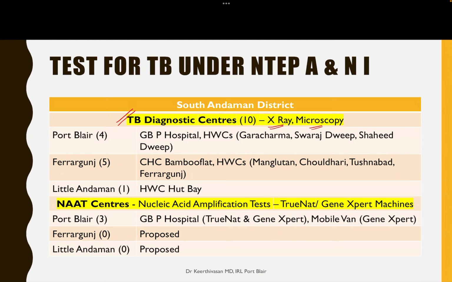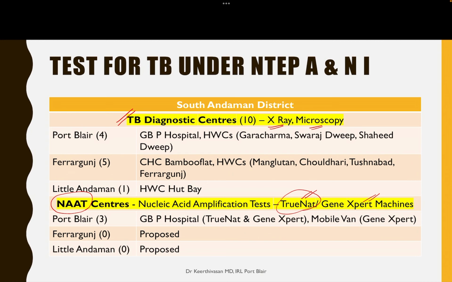Once the clinician has diagnosed that this particular patient has TB by bacteriological confirmation by staining, what is the next step? The next test which we do is NAT test. So we have NAT centers. What is this NAT? Nucleic acid amplification test. This is done with the help of two machines, TrueNat and GeneXpert. Today we will be discussing TrueNat. So what additional information does it give?